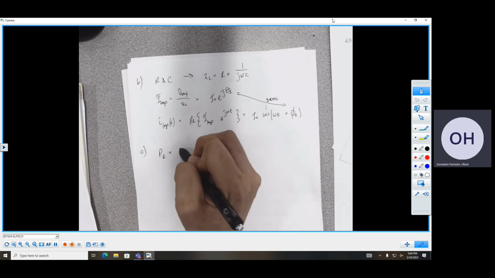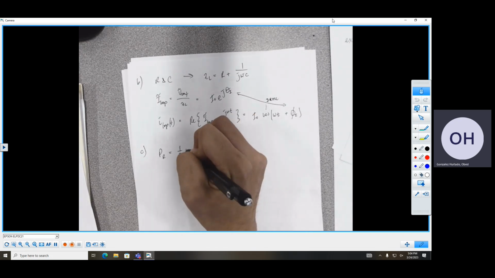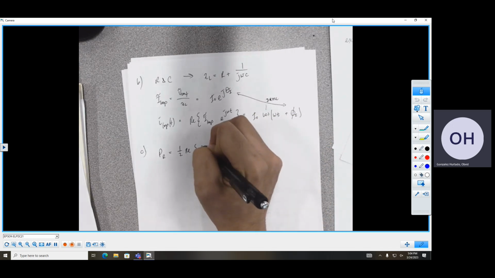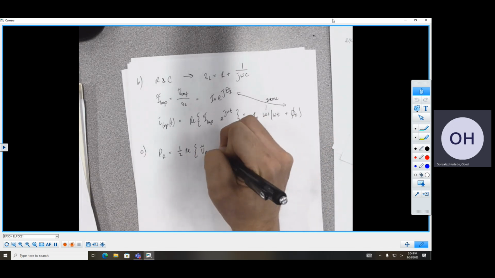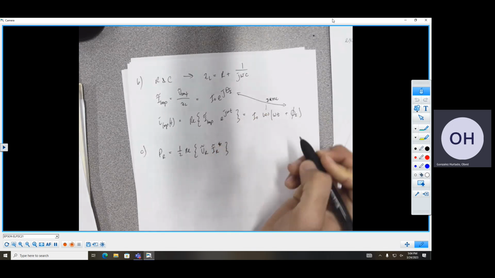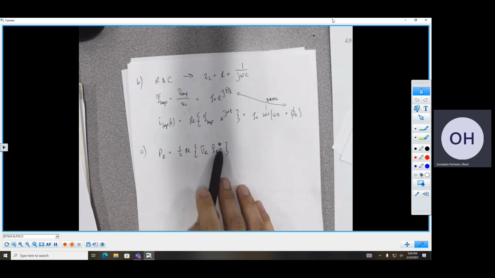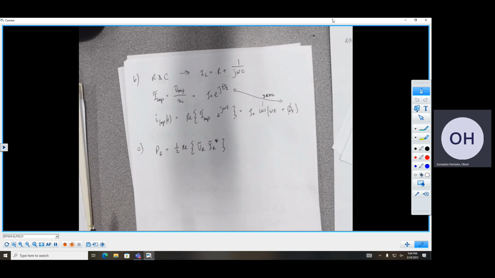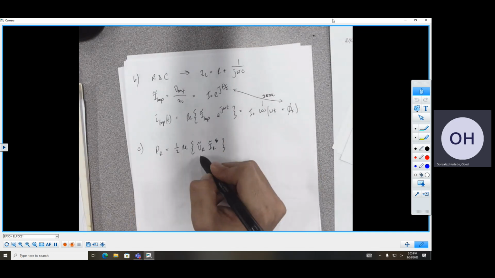So the capacitor doesn't dissipate. Don't forget the conjugate, please. I noticed that in your homeworks, you forgot your conjugates.